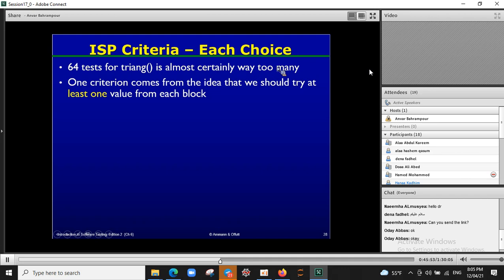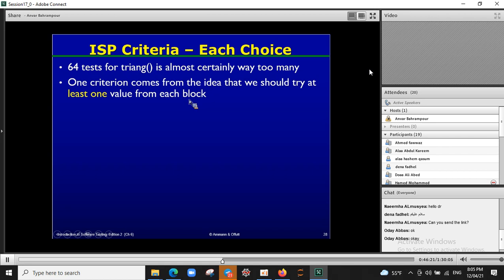As I said, 64 tests for triangle is almost certainly way too many. So another coverage criterion could be each choice. What's the each choice coverage criterion?